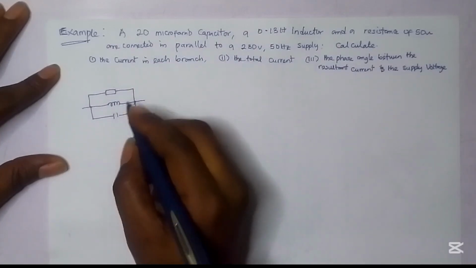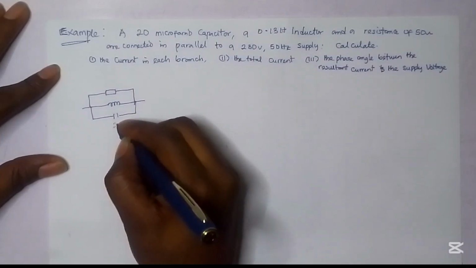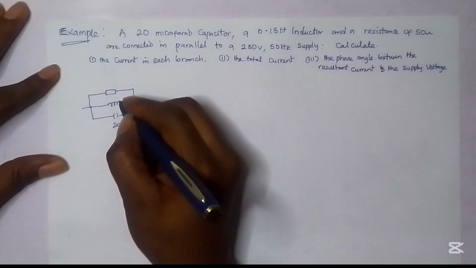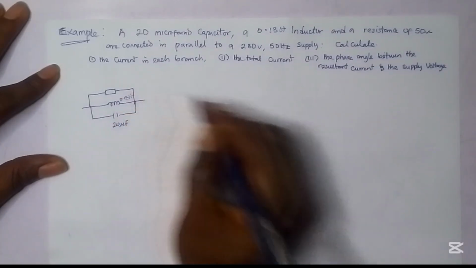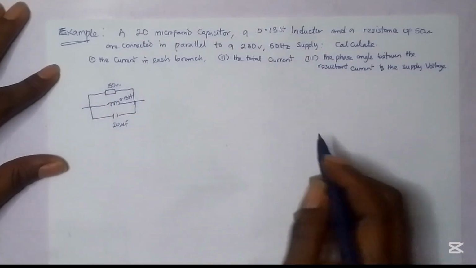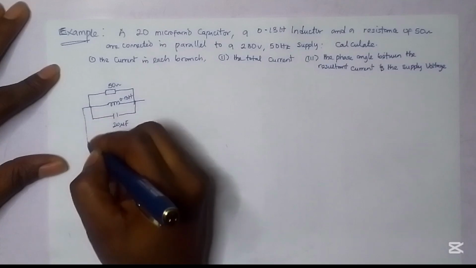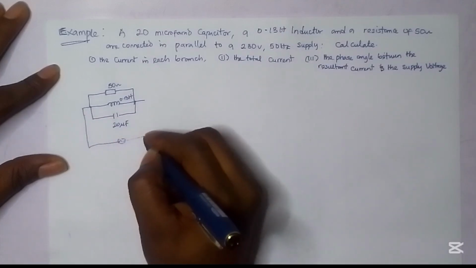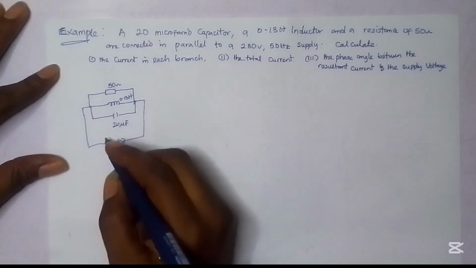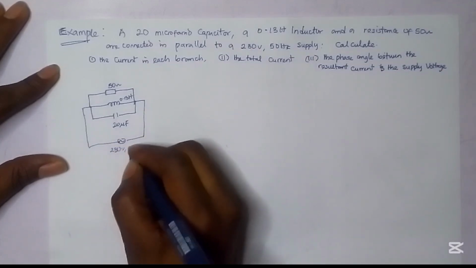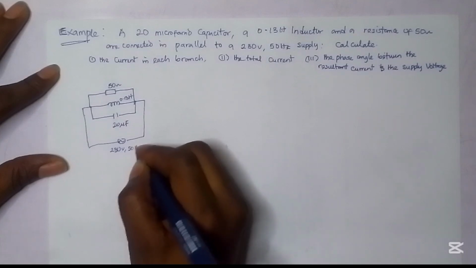So here we have 20 microfarad, and we have 0.13 Henry, and then a resistor of 50 ohms, all connected to our power supply here, which is a 230 volt 50 hertz supply.